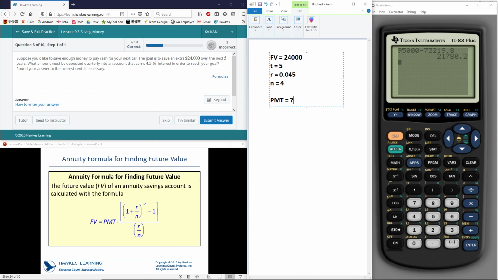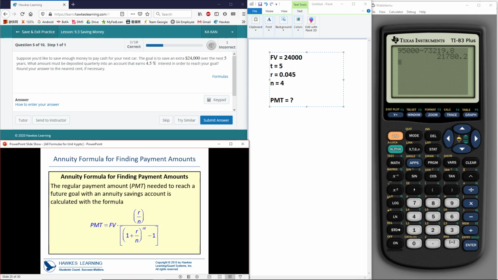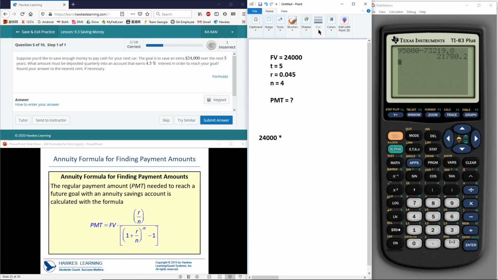Well, the formula on the left lower corner is looking for the future value. That's not what we want. We want to know the payment, so it's the same thing, right? Type it in, 24,000, that's the future value, times. Now let's see. Let's draw a line right here.